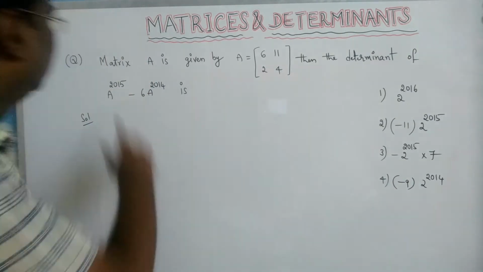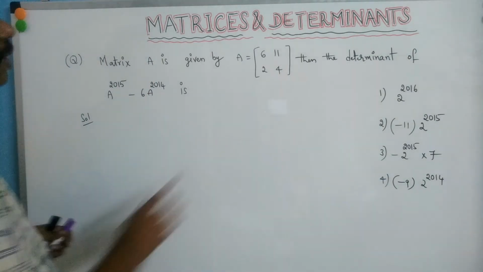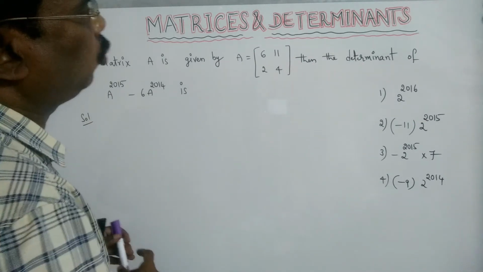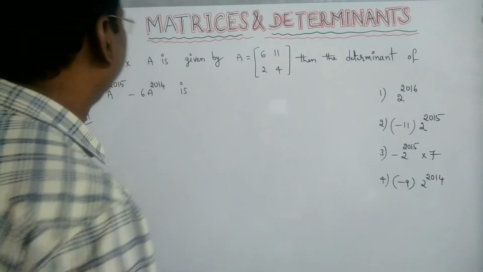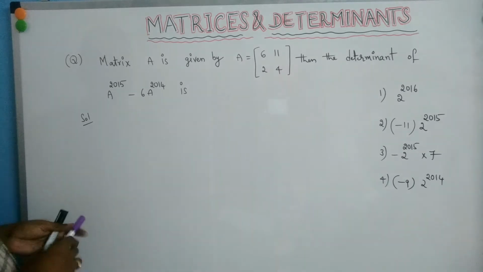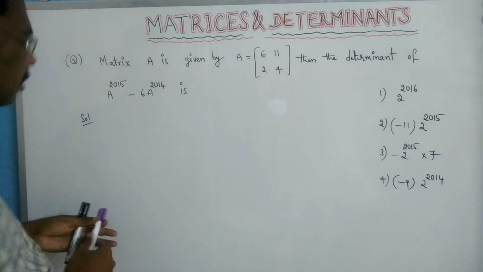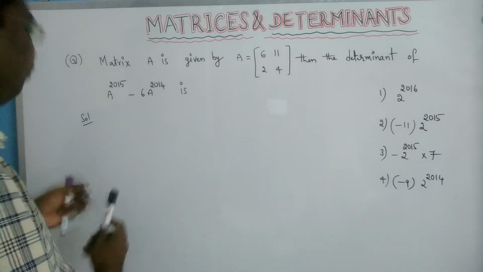Next one: matrix A is given by A equal to [6 11; 2 4]. Then the det of A power 2015 minus 6 into A power 2014.